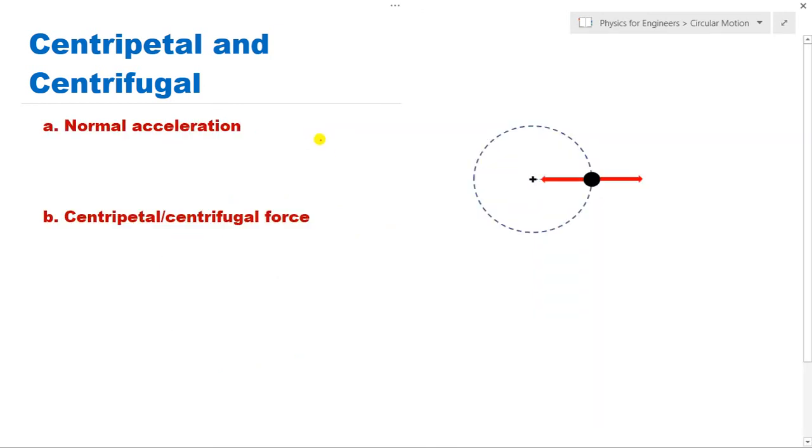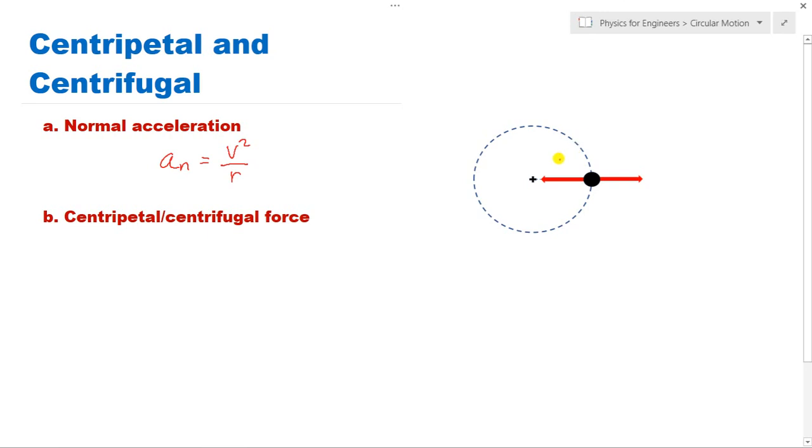So, here, we are going to derive the formula for solving the centripetal or centrifugal force, their magnitudes. So, let's have first the normal acceleration. Recall that our normal acceleration, a sub n, is just equal to the square of the linear velocity over the radius of the circular path.